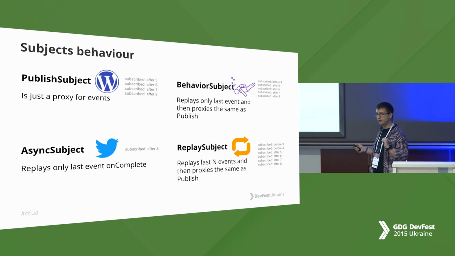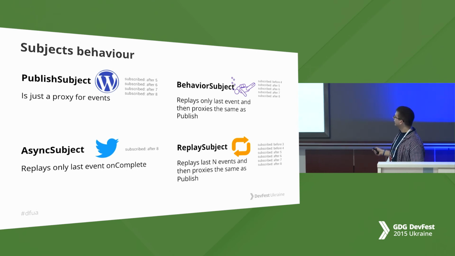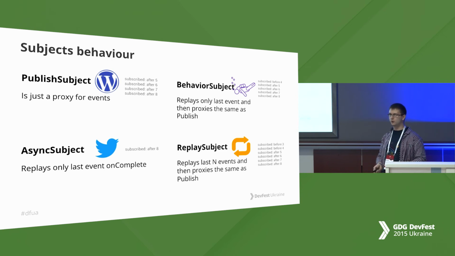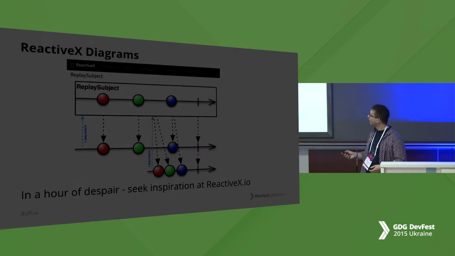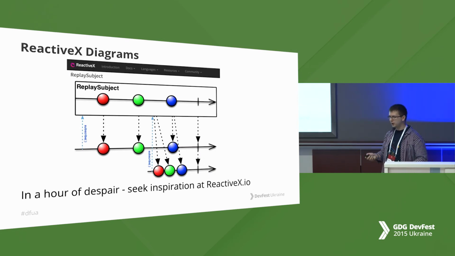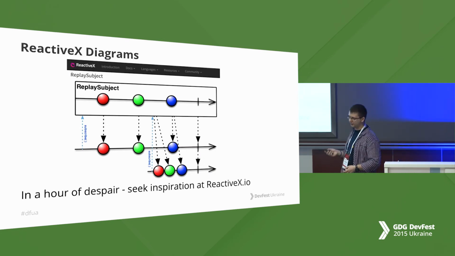Behavior subject remembers the one last event that happens before subscription and replays it. The replay subject should replay everything it remembers, or a stack that remembers, for example, 2 events. You can check how it works on the reactive diagrams.